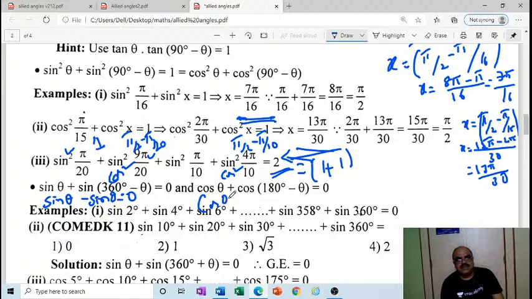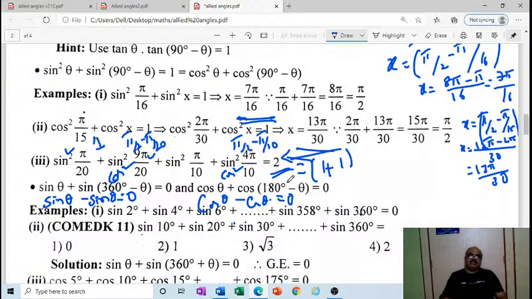Similarly, cos theta, cos of 180 minus theta, it is in the second quadrant. Sine is positive, cos will be negative. Cos theta minus cos theta is equal to 0. But understand this, sine theta plus sine of 360 minus theta is 0.